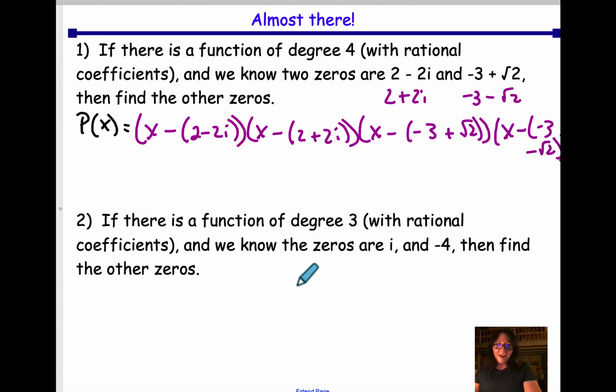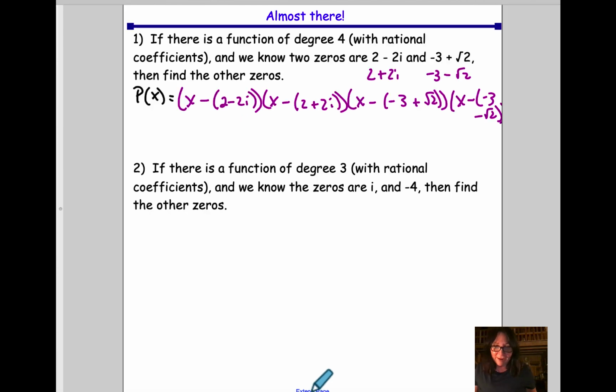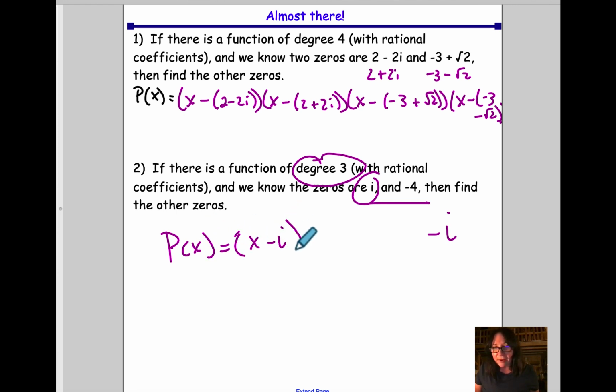Okay? Last problem, right? So degree 3, rational coefficients, I only have 2 zeros. So I have to know that i has a conjugate, which is negative i. So my polynomial is going to be x minus i, times x plus i, times x plus 4.